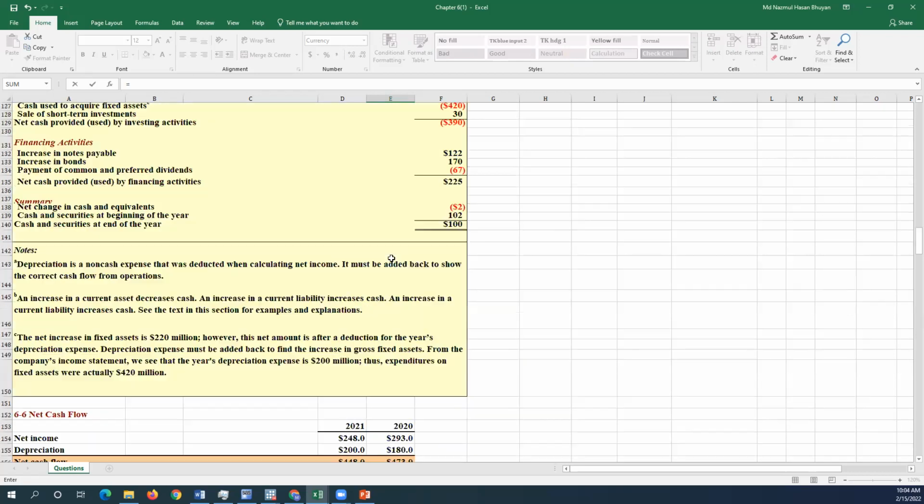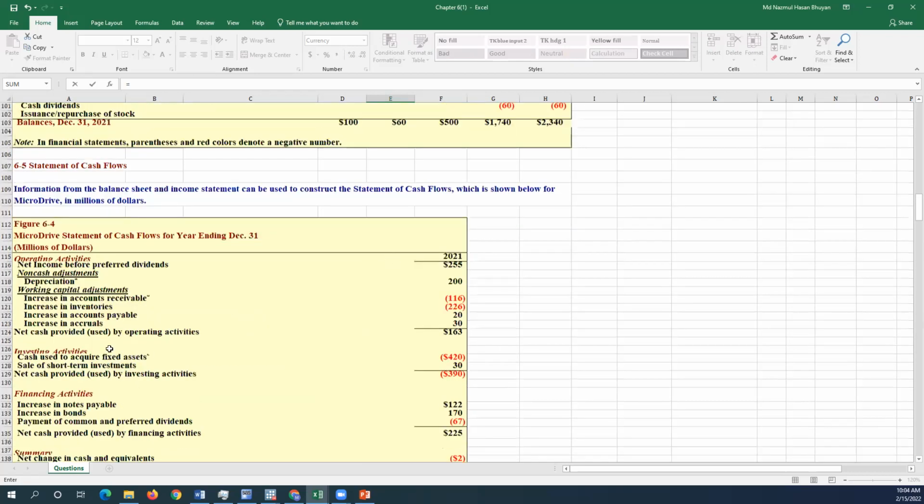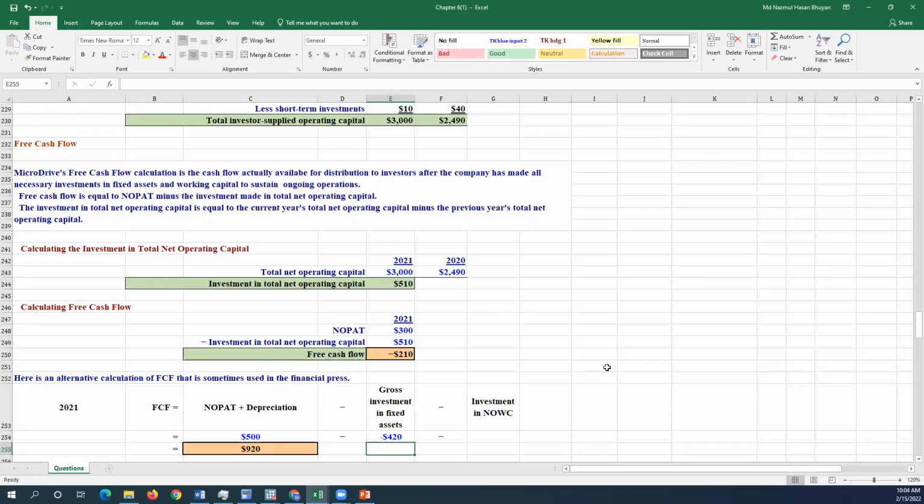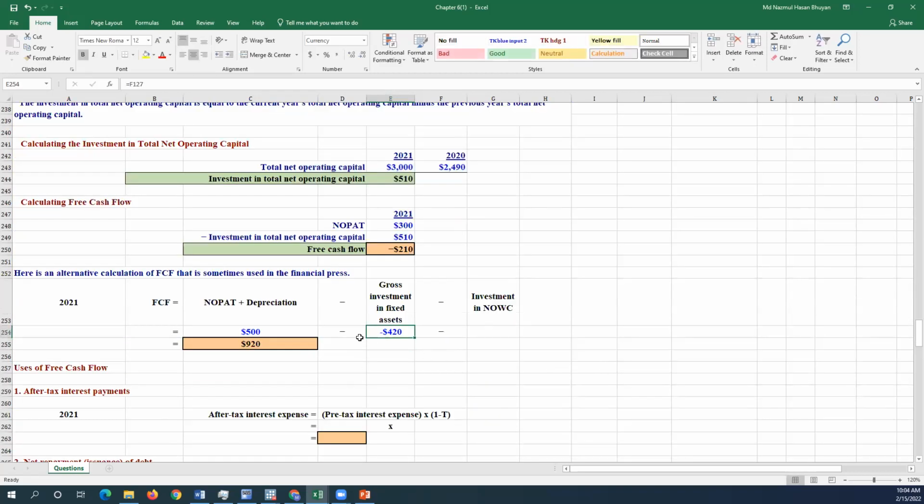Let us get that value from the statement of cash flows, and here cash used to acquire fixed assets in the year 2021 is 420, and in this particular equation we don't need to have a negative or positive sign because the equation will automatically consider negative and positive values. Then investment in net working capital, in other words changes in net working capital from the year 2020 to 2021.